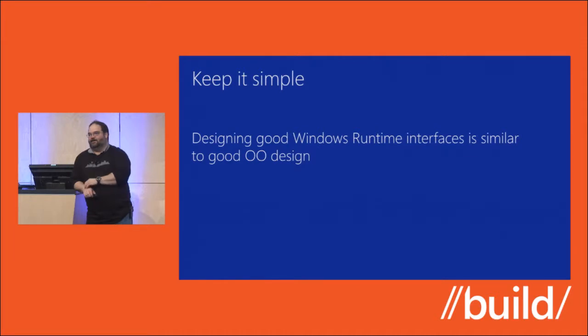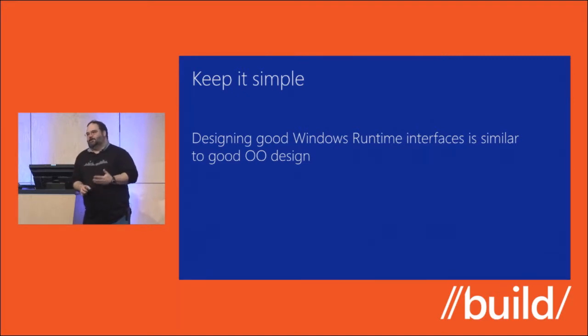By keeping it simple, you just mean that you should limit the number of interfaces? It's the same thing we talk about in interface design in OO in general. So, by keep it simple, do you want to reduce the number of interfaces? My answer is, good OO design is good OO design.